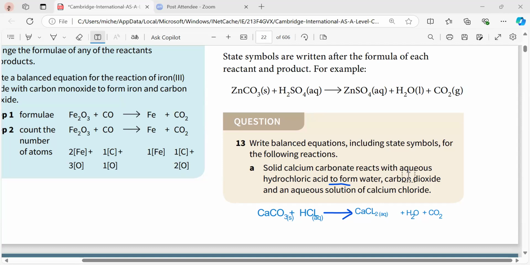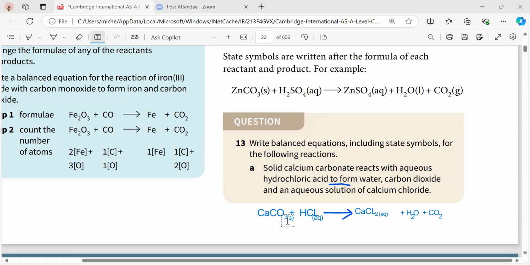Now carbon, in carbonate. Yeah, we can check that. Carbon right here is only once. Right and left is only 1, so balanced.